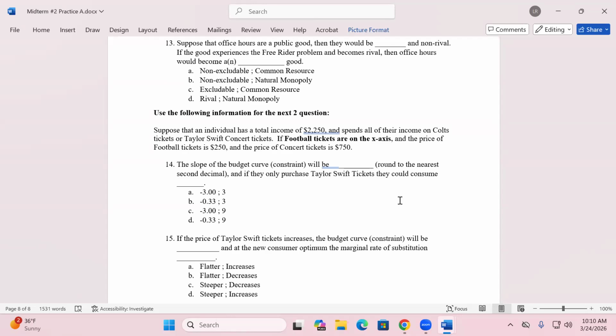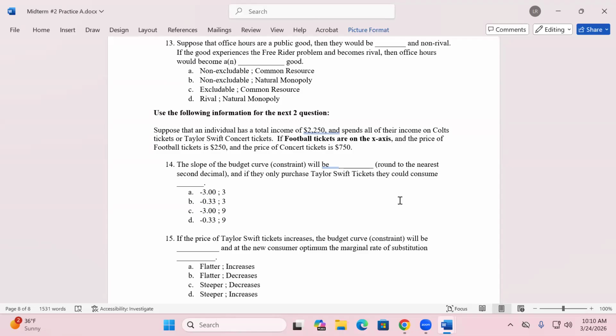And I'm told the prices, okay? So the first question is asking about what's the slope of my budget constraint, and if I'm only purchasing one type of good, how much can I buy? So I think I told you in the problem, football tickets are on the x-axis, right? And Taylor Swift tickets are up here on my y-axis.